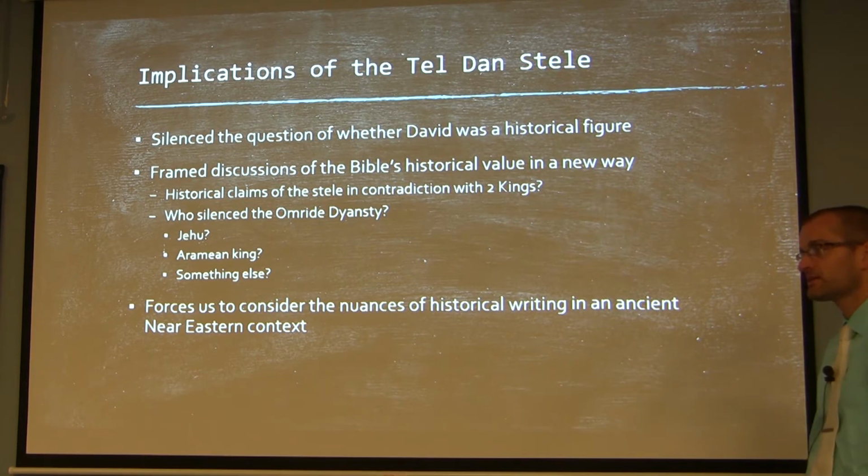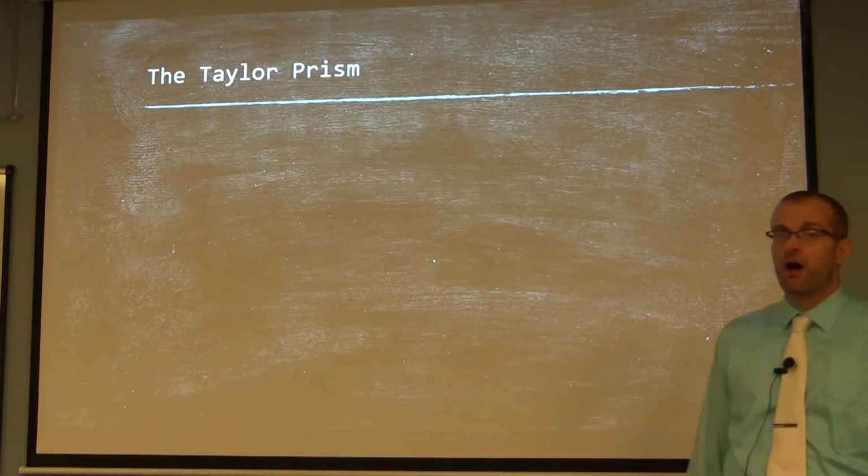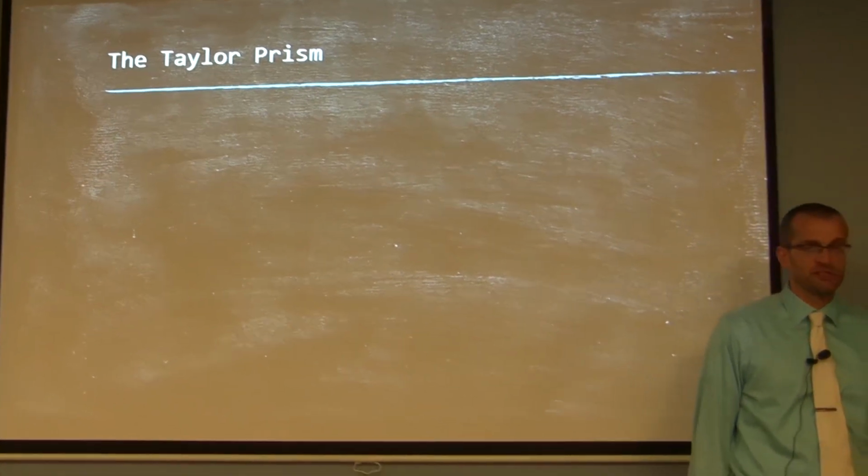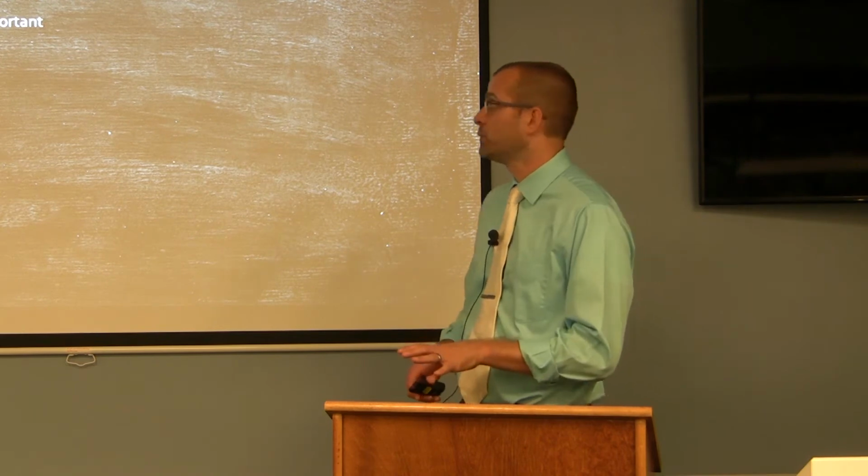We'll come back to this because what we need to look at now is something called the Taylor Prism. All right? The Taylor Prism is basically one copy of Sennacherib's royal historical account, his annals, if you will. Sennacherib has at least 3 copies of his sanctioned official history of his reign.